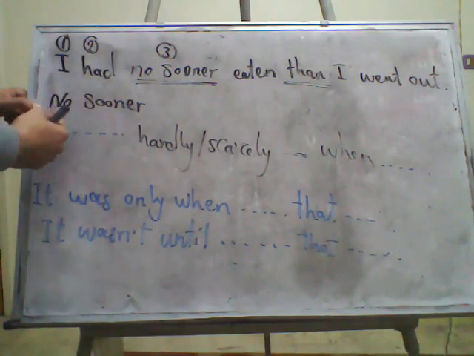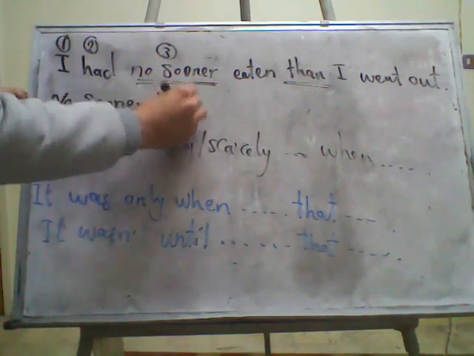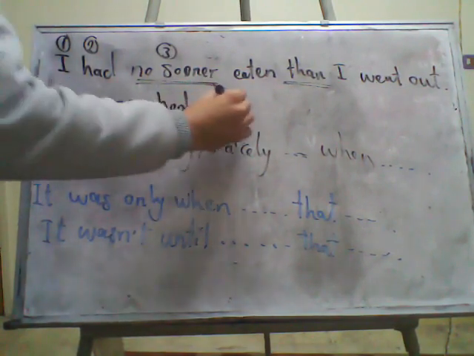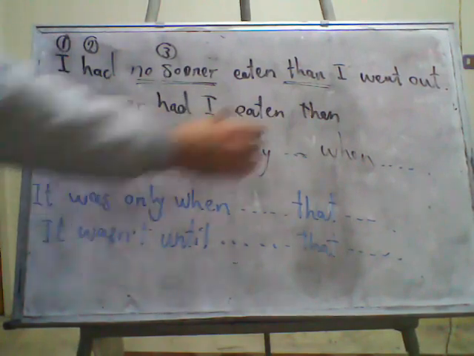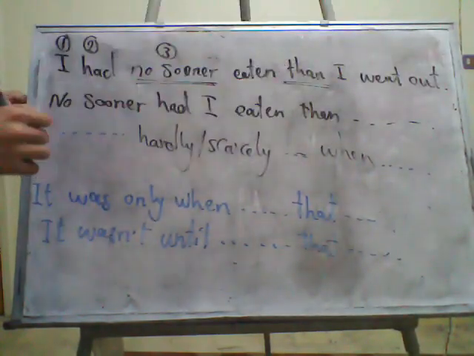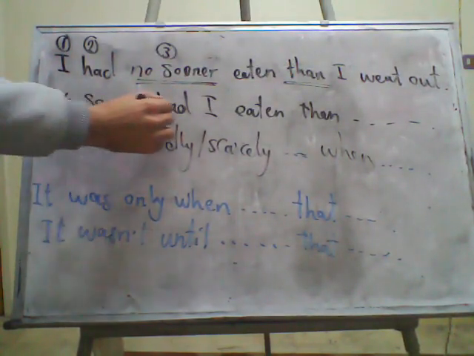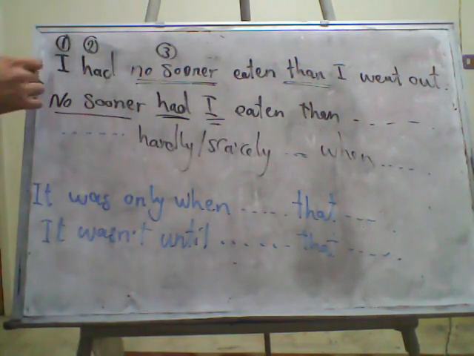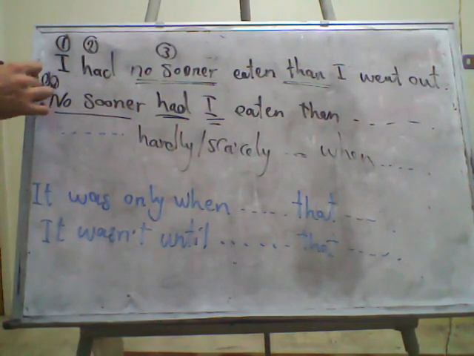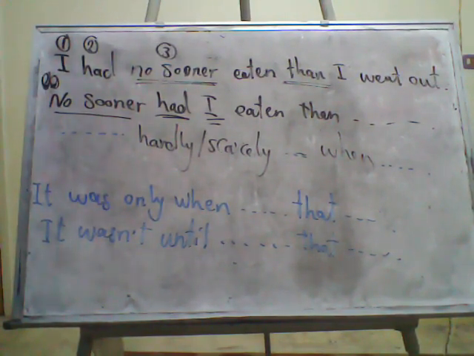So: no sooner had I eaten than I went out. As you see, 3, 2, 1, like a form of question. This is also one thing that I want you to be sure of being correct in the exam.